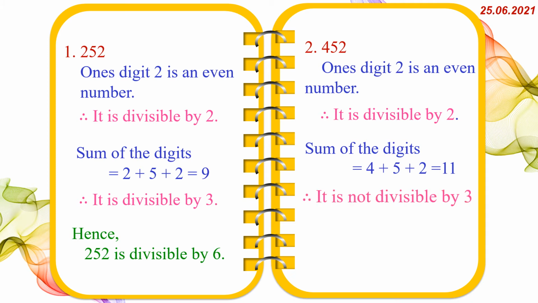So it is not divisible by 3. Therefore, 452 is divisible by 2 but not divisible by 3. Hence, 452 is not divisible by 6.